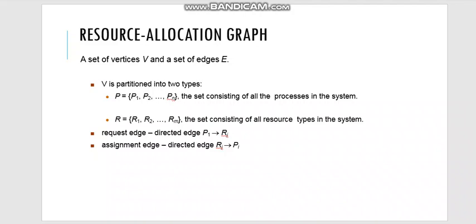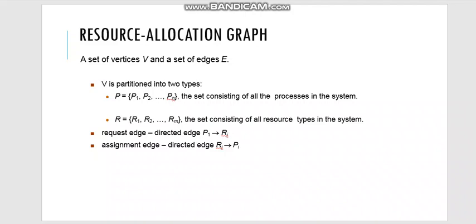So we'll take the processes and the resources, and we'll see how they can be represented using that graph. The resource allocation graph will show how the resources are allocated to each process and which resource it is requesting through an edge.